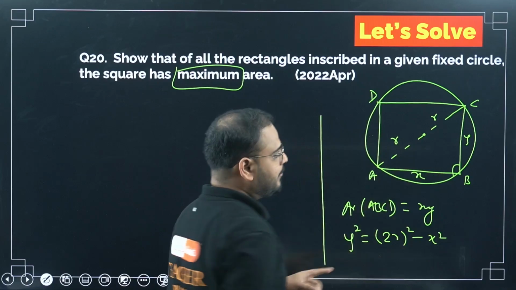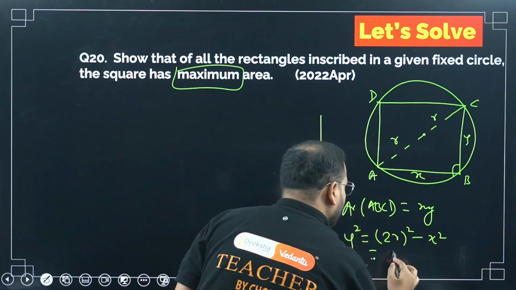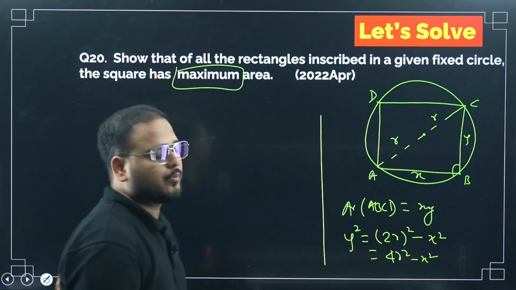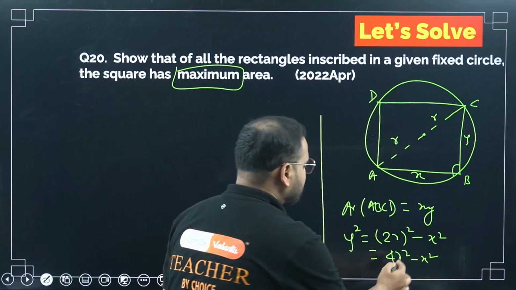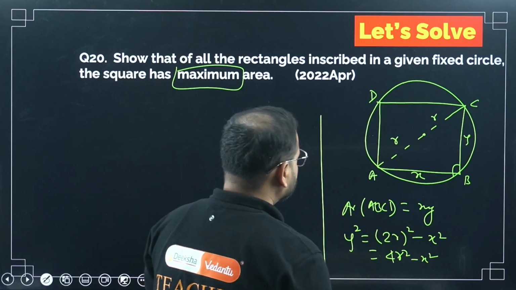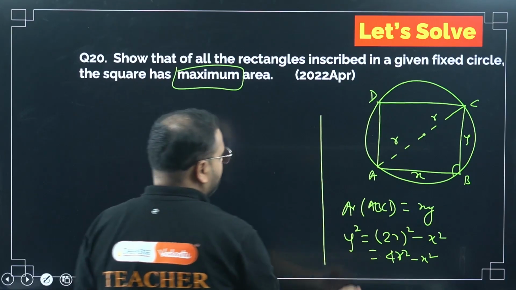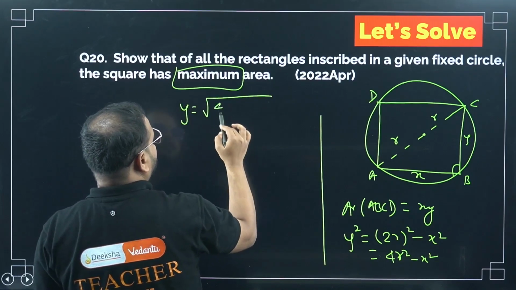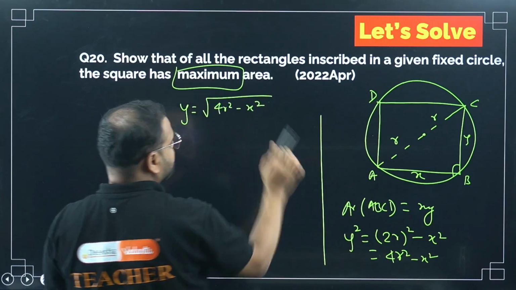How much is that? 4r square minus x square. Yes or no? Please check. This is my y square. So my y value will be root of 4r square minus x square.